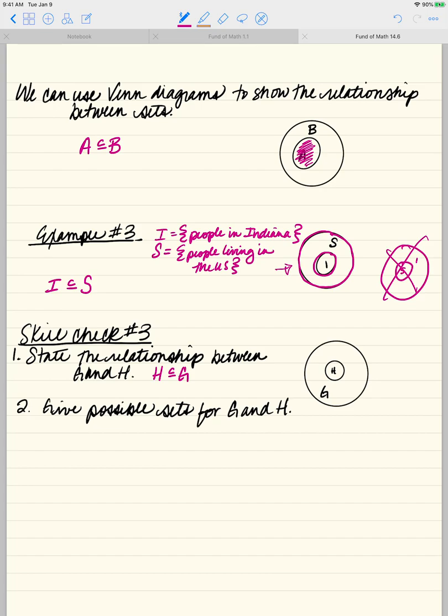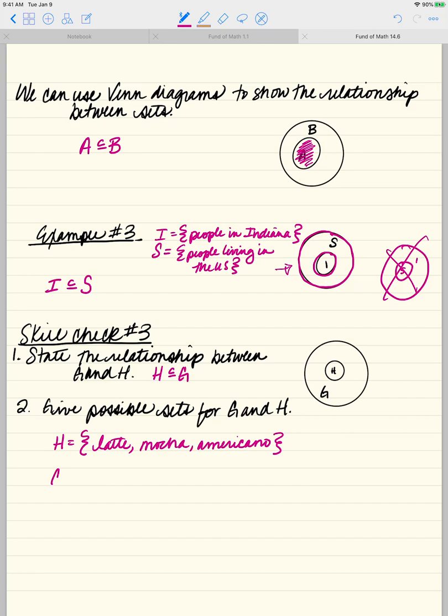Y'all, we could sit here and come up with all sorts of subsets all day long. I'm going to say H is latte, mocha, Americano.